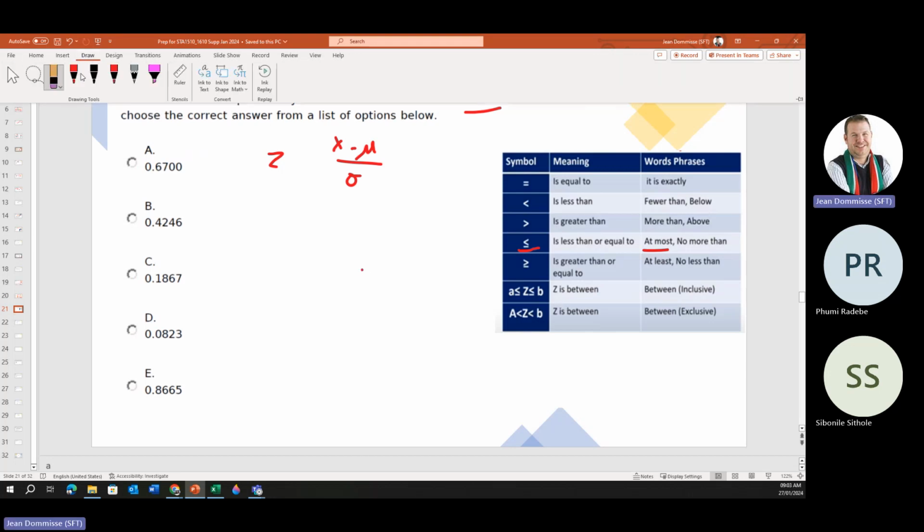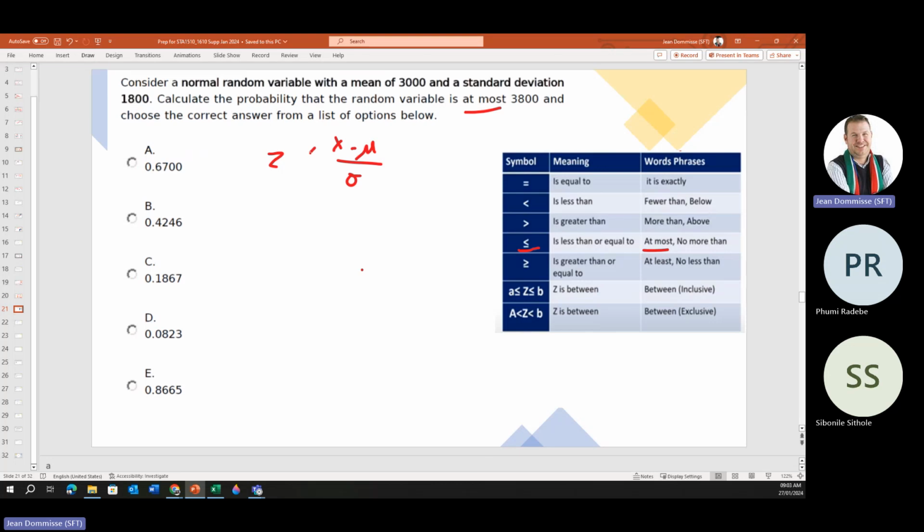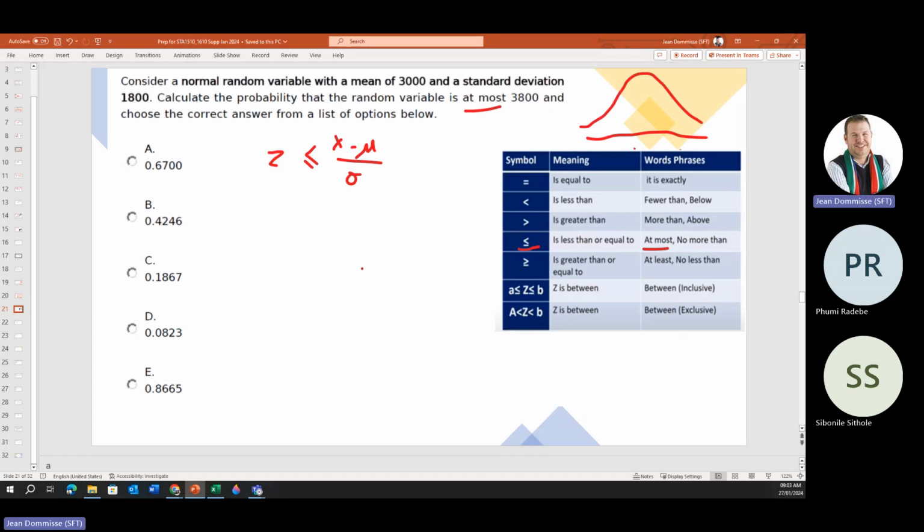So we can now see that what we will need to work out is Z smaller or equal to that. So when we get to the answer, it will be Z smaller or equal to. I don't know yet if it's a positive Z or negative Z, but we'll draw it in when we get there. Okay.